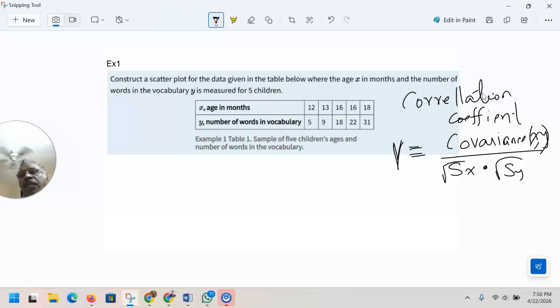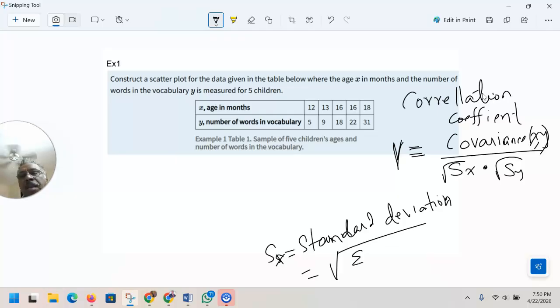Now, you may get confused. What is this? Sx stands for standard deviation, which means how much is the spread of the variable from the mean. So what we do is we take the square root, and you take the difference from the mean, x minus x bar.